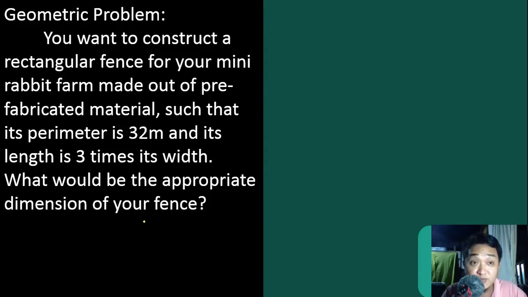So, for our next problem, it has something to do with geometric problem. You want to construct a rectangular fence for your mini rabbit farm made out of prefabricated material. Kung naalala nyo, sinet ko na rin to as an example before sa mga previous videos natin.